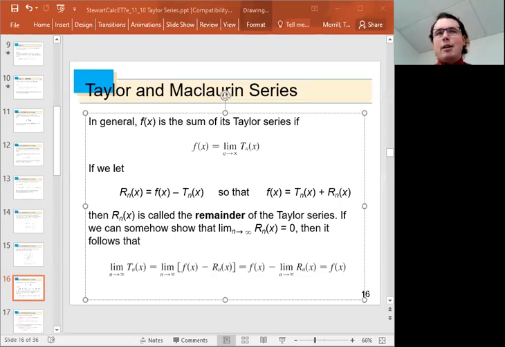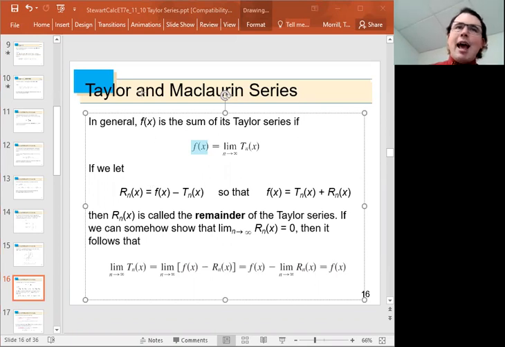Now, this is a process that we can do for any function as long as we can take unlimited derivatives of the function. So if you give me some function f, I don't actually care what that function is, so long as it has infinitely many derivatives that all exist.